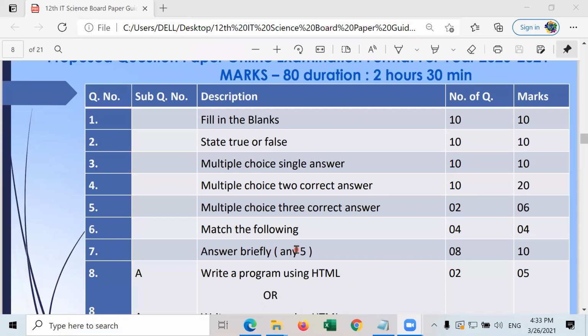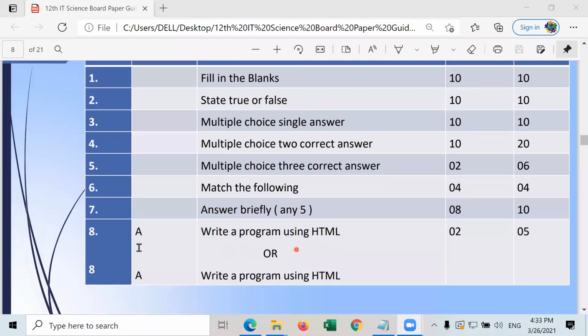Now, moving to question number 8. Before moving to question number 8, I would like to talk about question number 7. As I told you, there are 8 questions. Out of it, you have to solve any 5. Now, how will you answer the questions given here? Suppose the question is what is EDI, or suppose the question is what is e-commerce.